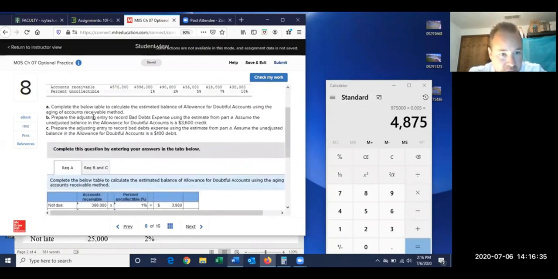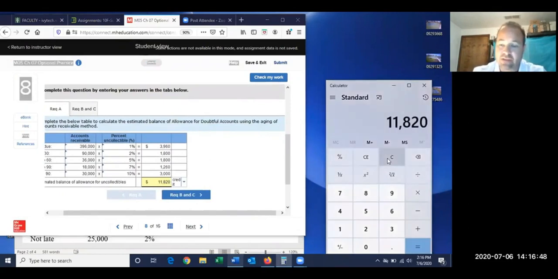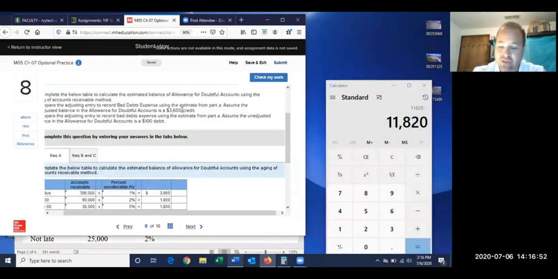It's telling us here in part B that we are starting out with 3,600 as a starting balance. We want to end up at 11,820. So what we have to do is find the difference: 11,820 minus the 3,600 that we already started out at.